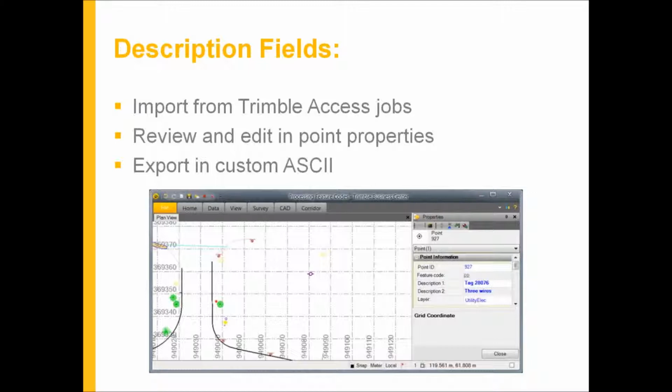A couple of quick enhancements to the CAD functionality. There's more cross-compatibility now between AutoCAD and TBC, meaning you can now, in your feature definition manager, import all of your point symbols and your line styles and layers and color schemes right from an AutoCAD project.